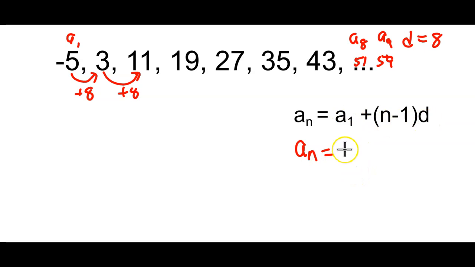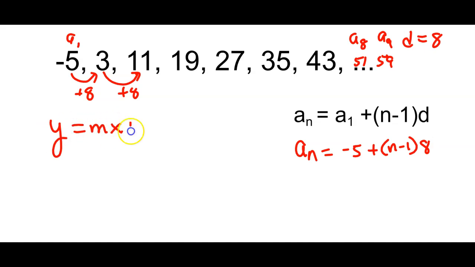We know the first term, it's -5. We don't know what term somebody's going to ask me, so I just leave it like n minus 1, like that. And I know the common difference is 8. That's an acceptable way to do it. If you were doing it in the y equals mx plus b format like we did on the first example, you can do that as well, but you need to know what the 0th term is.